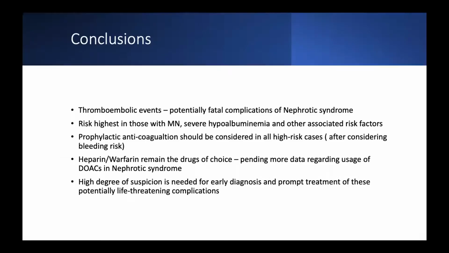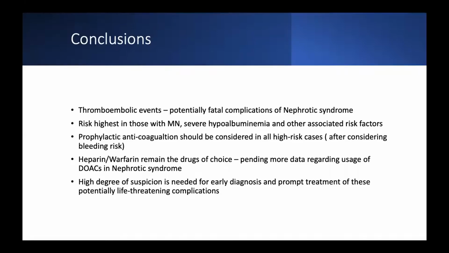To conclude, thromboembolic events are potentially fatal complications of nephrotic syndrome. The risk is highest in cases of membranous nephropathy and in patients with severe hypoalbuminemia and other associated risk factors. Prophylactic anticoagulation should be considered in high-risk cases after due consideration of the bleeding risk, and the drugs of choice are heparin and warfarin.